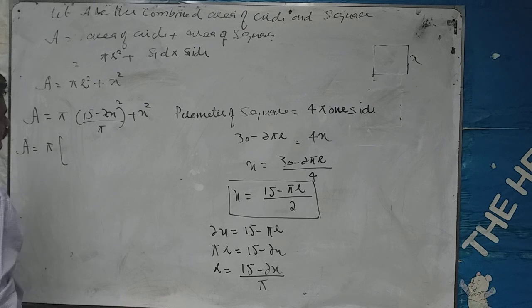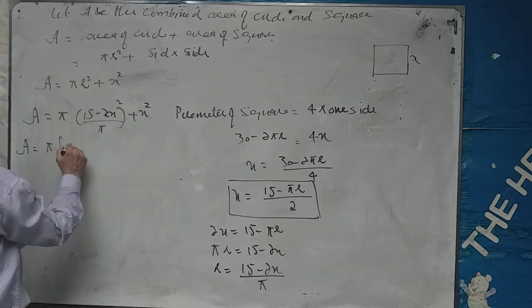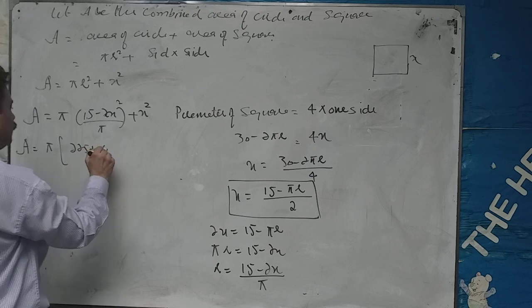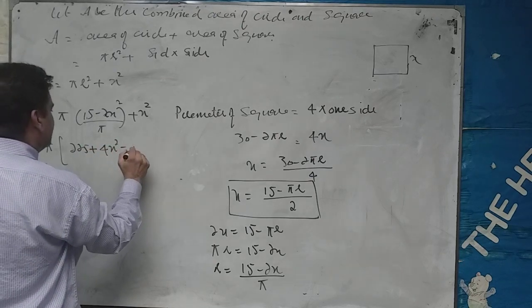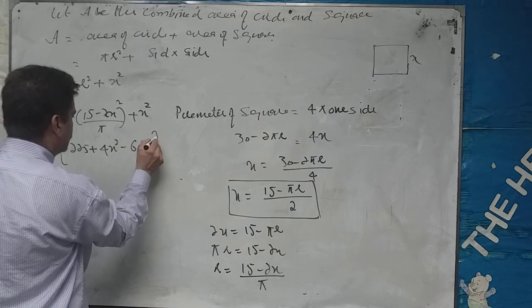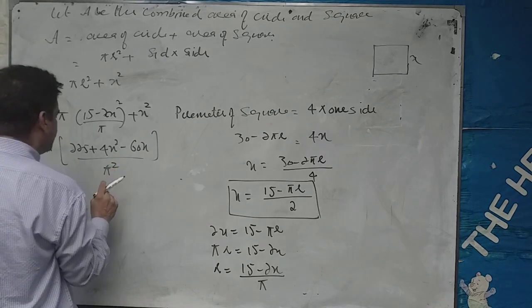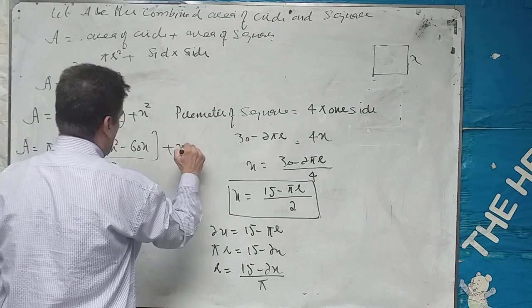When we expand the square, we get 225 plus 4x square minus 60x divided by pi square, multiplied by pi, plus x square.